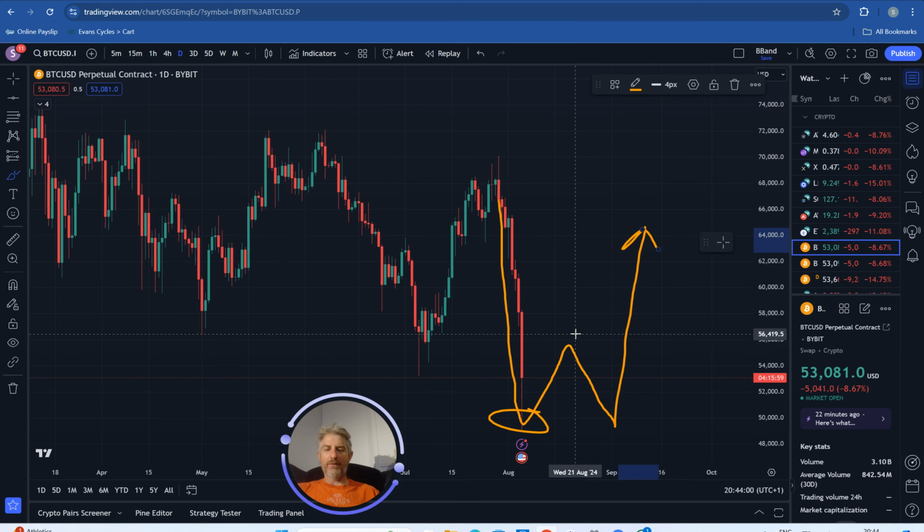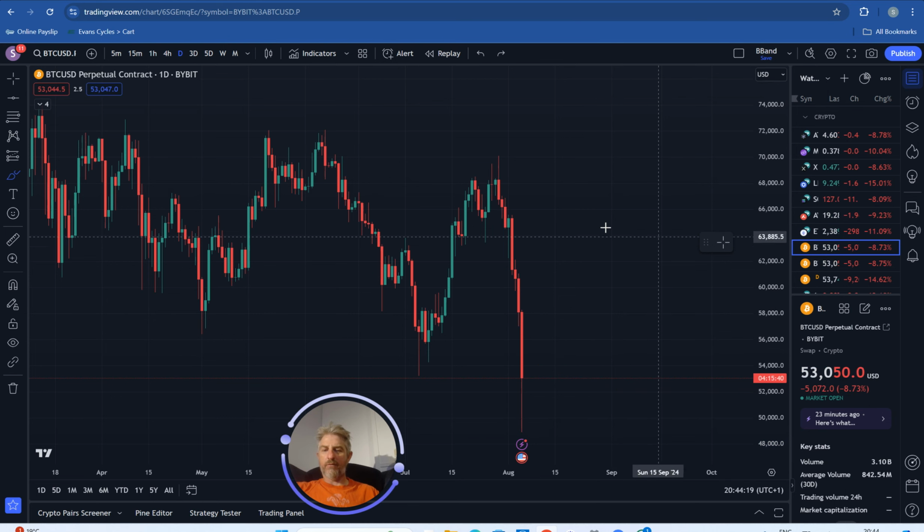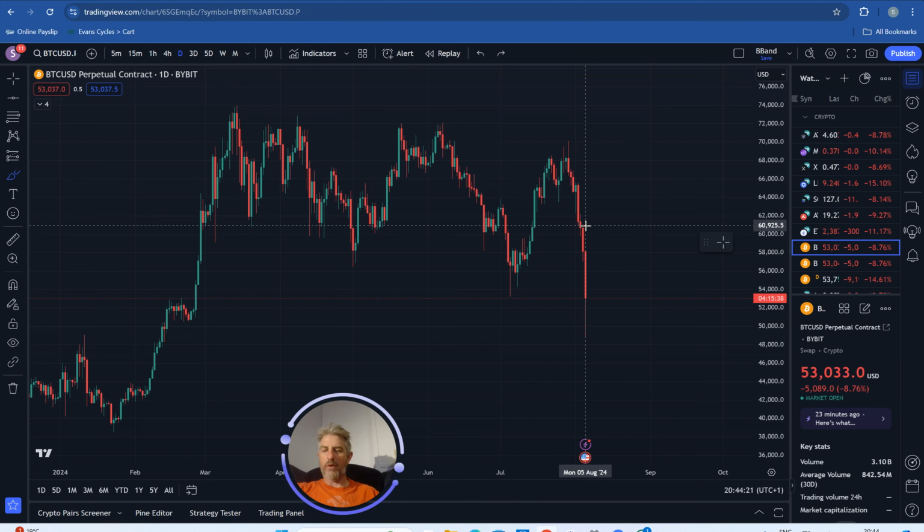If it then fails to get back above wherever the next lower high occurs, then it's more downside. But that's just simple trend analysis, right? There's nothing complicated there. But for now, it's hard to look at the daily time frame and see anything other than continuation. What about the 4 hour?